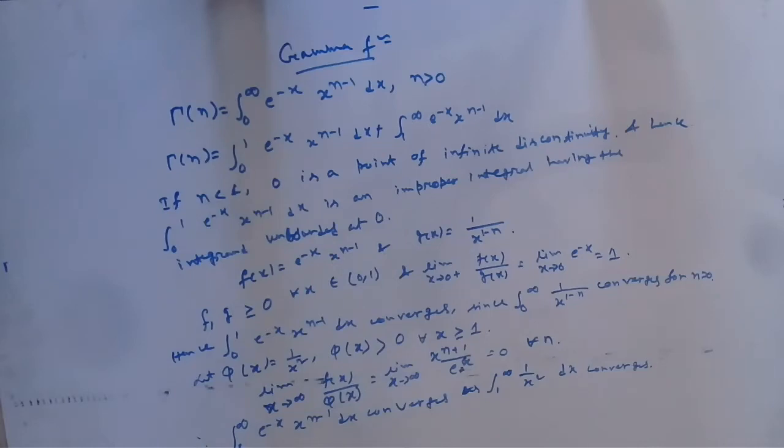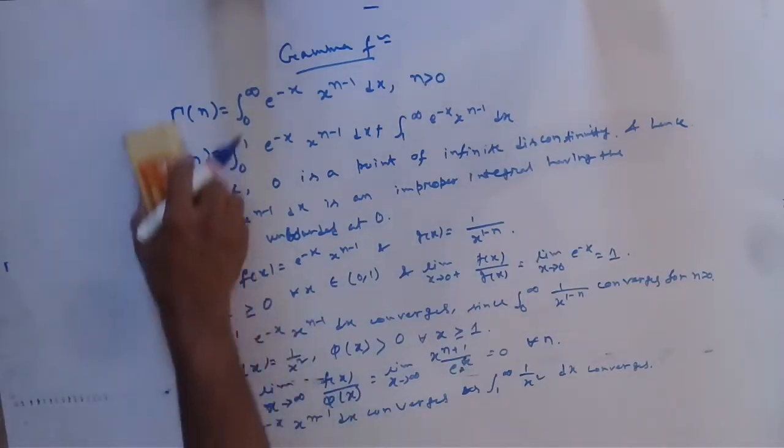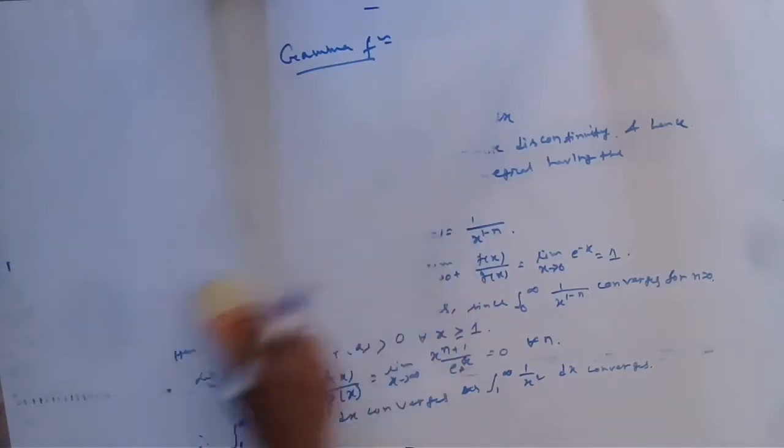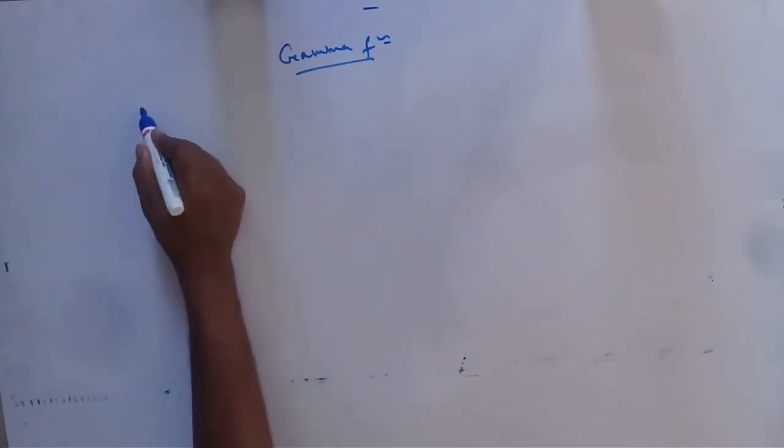Now I will discuss some important properties of gamma function. So the first property I'll write is gamma of 1 equal to 1.